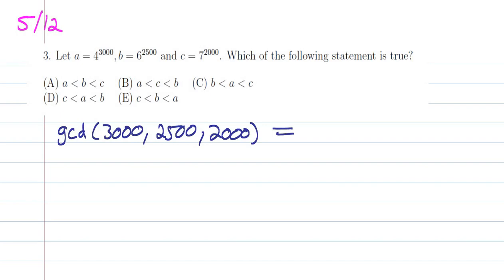So starting with the exponents, we have three massive numbers. What is the GCD? Remember the greatest common divisor. We've talked about the GCD in previous lessons. You can tell me in the chat.